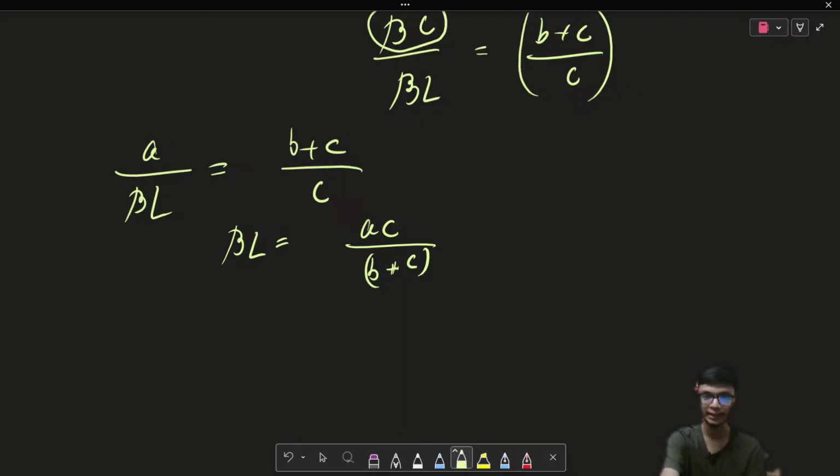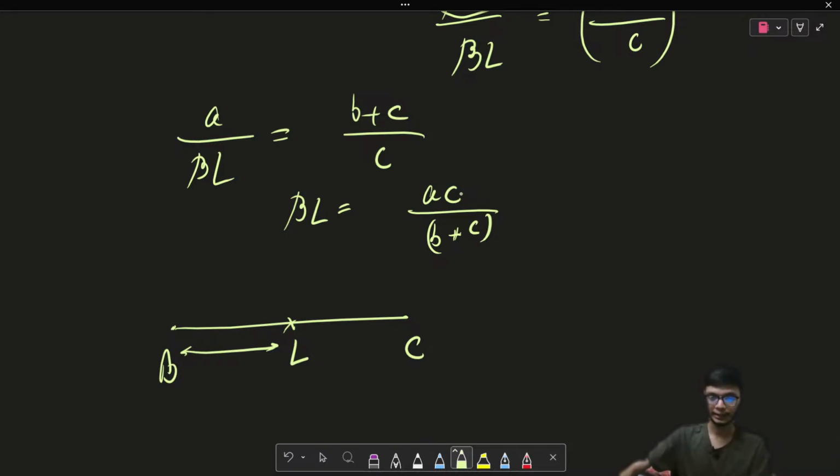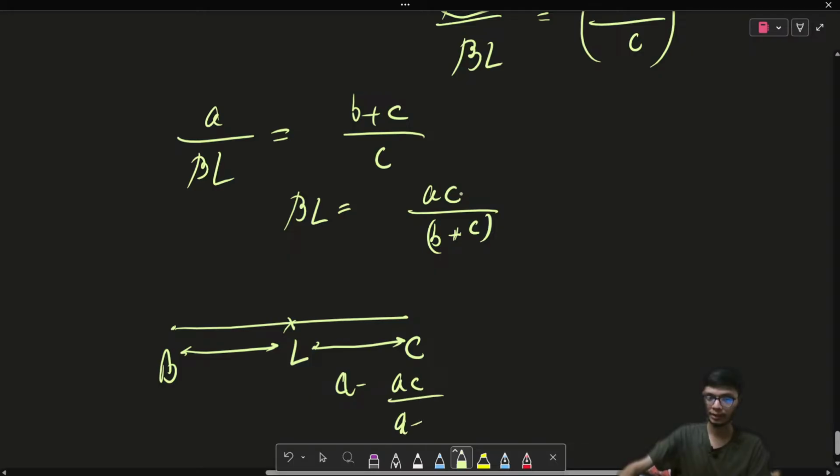So what I can say is that point L divides the line segment BC in this following ratio. If this is my point B, this is my point C and this is my point L, I have obtained BL. And the remaining part can be obtained by subtracting it from A, that is A minus AC upon B plus C, right?